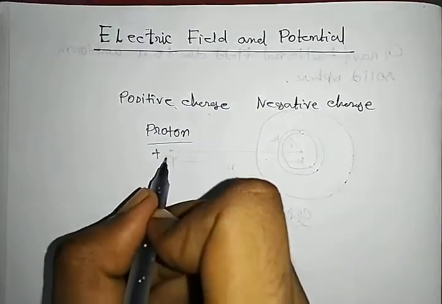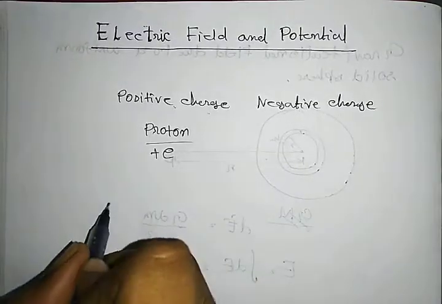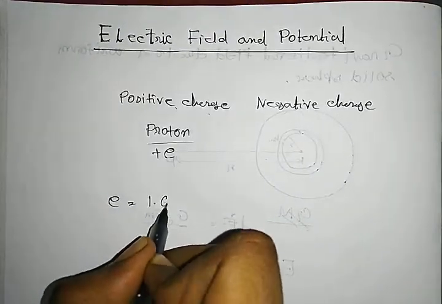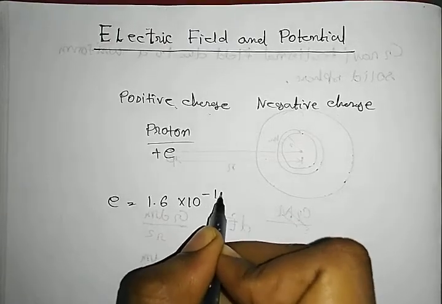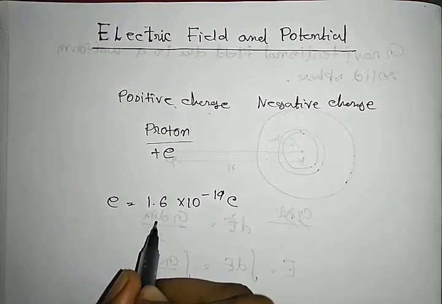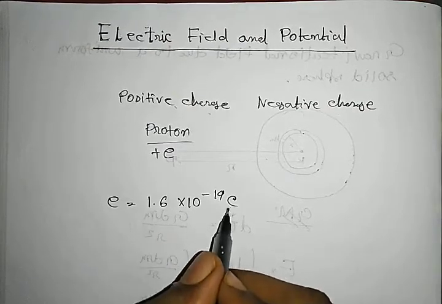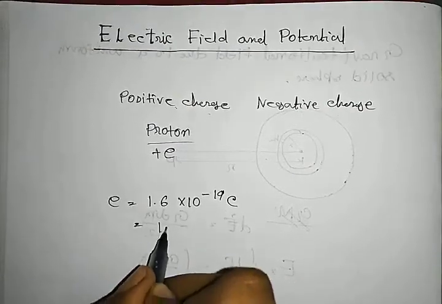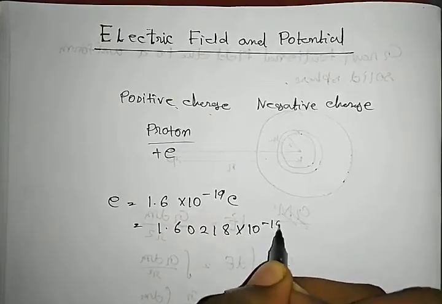It has plus 1 electronic charge, and 1 electronic charge is 1.6 × 10^-19 Coulomb. And if you want a more accurate number, that would be 1.60218 × 10^-19 Coulomb.